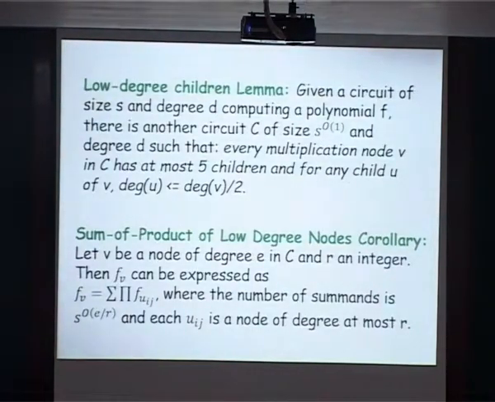This you can always do trivially, but one needs to quantify this. By low degree nodes, I mean nodes which have degree at most R, and we'll see that the number of summands in this expression is at most S to the E by R. So the number of summands is not too large.